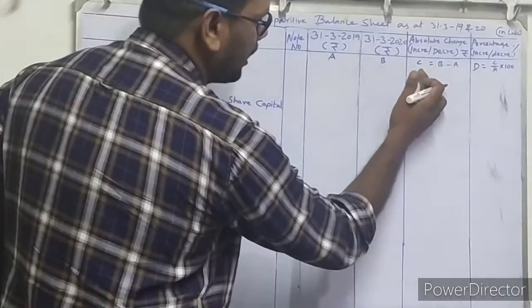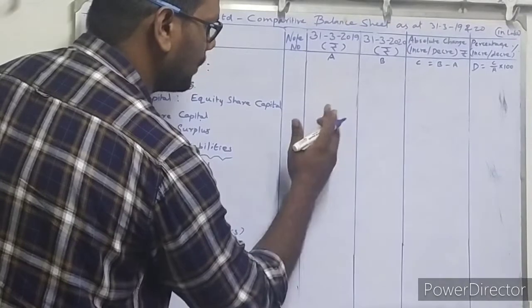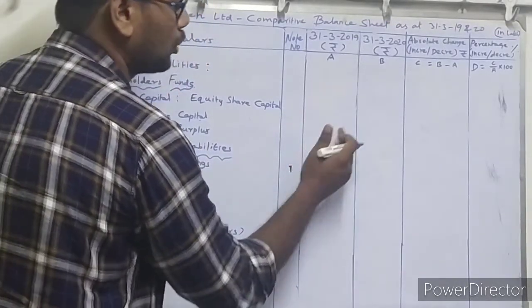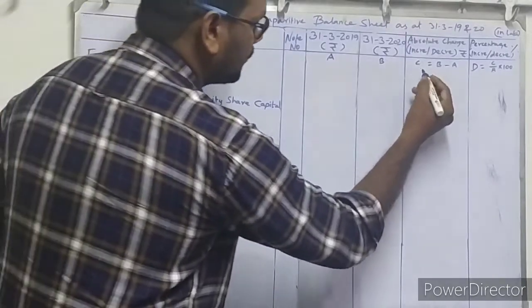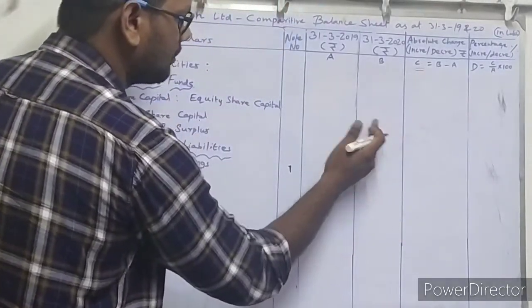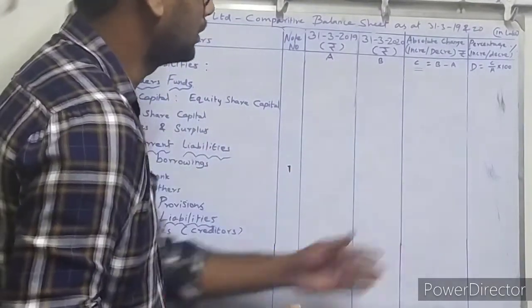So the comparison column C is the absolute change: how many rupees are increased or decreased compared with the previous year. With the help of this formula, C is equal to B minus A, current year minus previous year, the exact increase or decrease amount we can write over here.